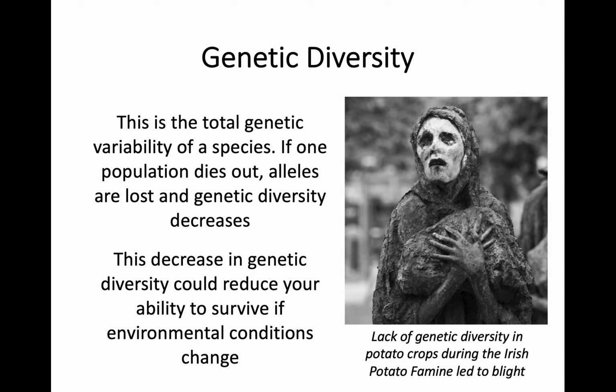So a huge part in Irish history, really just down to genetic diversity of a crop. So if a population, for example, dies out in a species, then you lose these alleles, and if you ever lose out or decrease that genetic diversity, it can have a real knock-on impact on your ability to survive a change in conditions, for example.